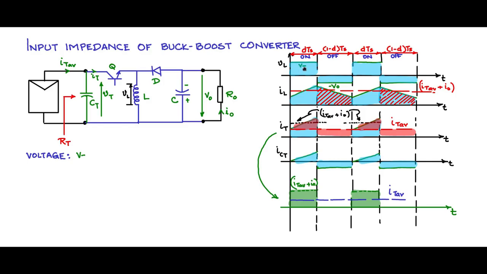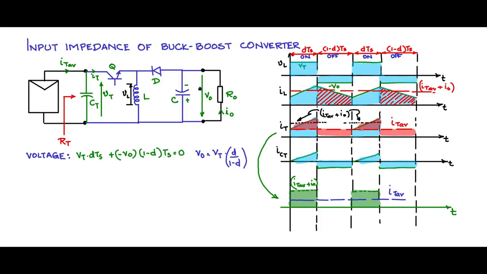So within a cycle, the positive part should balance out the negative part. So Vt into dTs plus minus V naught into (1 minus d)Ts should be equal to 0. This implies that V naught is equal to Vt d by 1 minus d.